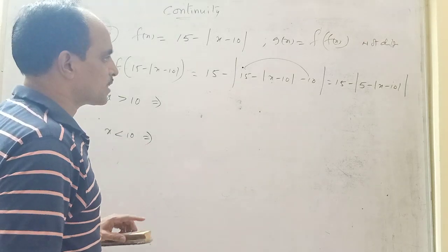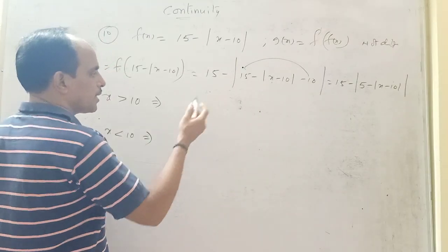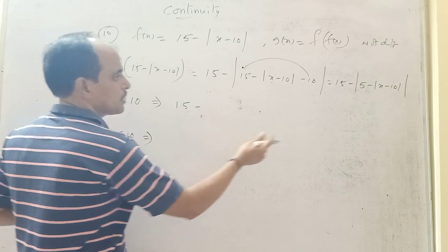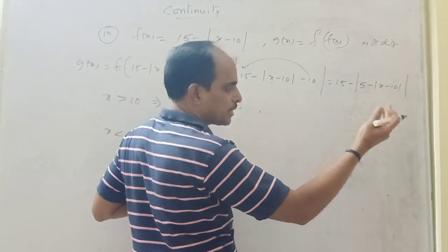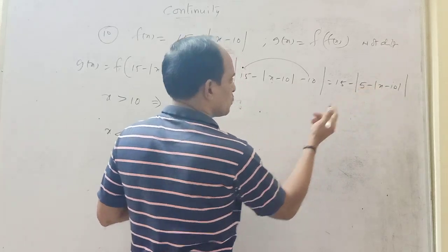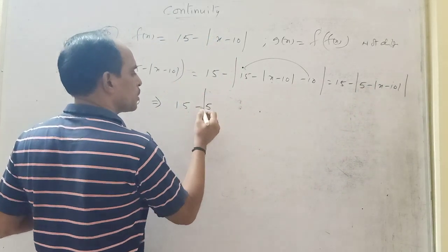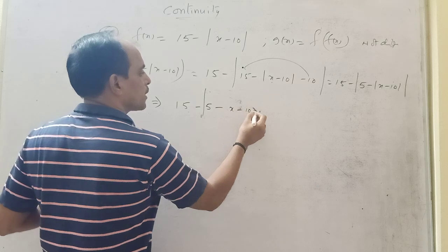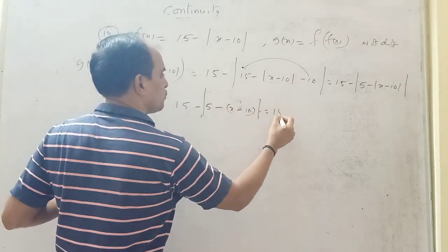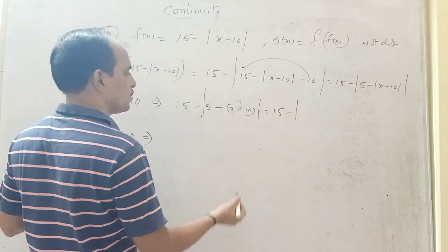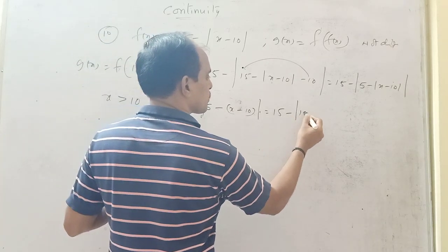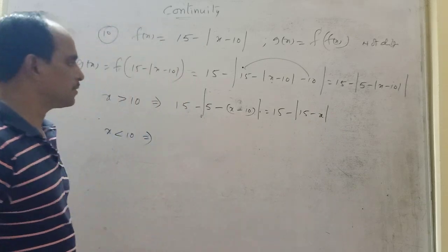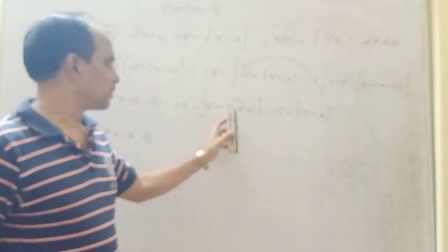Okay, suppose x is greater than 10. Then x - 10 gives a positive value. So 15 - |5 - (x - 10)|, that is 15 - |15 - x|.